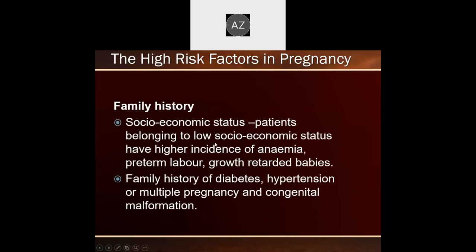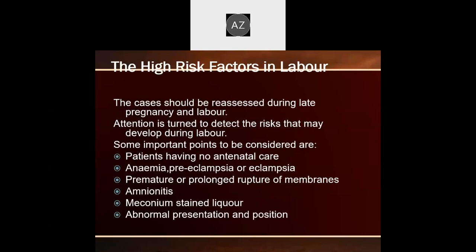Then those who are affluent are obese, then overweight babies. And then there's history of diabetes, hypertension, multiple pregnancies. We've spoken about factors surrounding pregnancy before labor, and they put the mother and the fetus who has not been born into jeopardy.